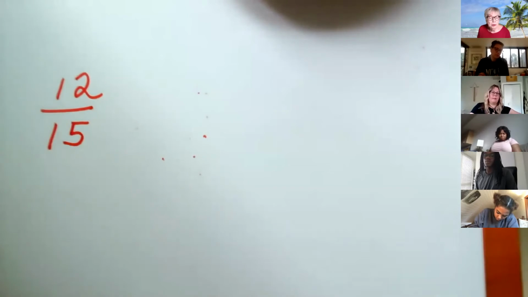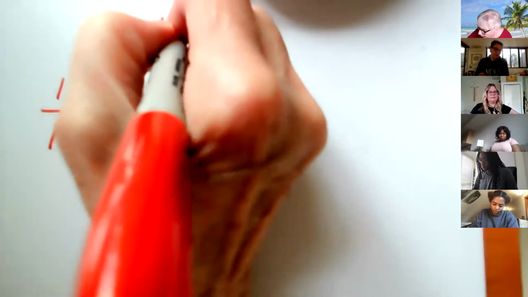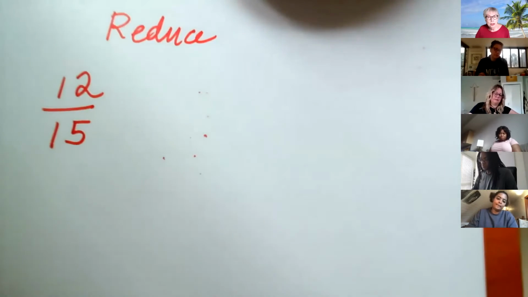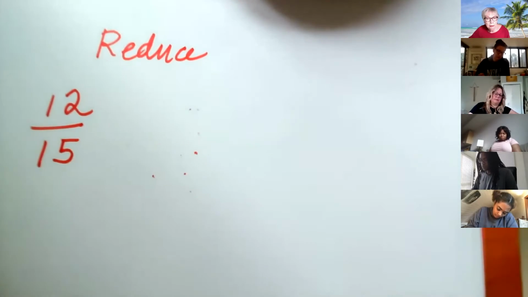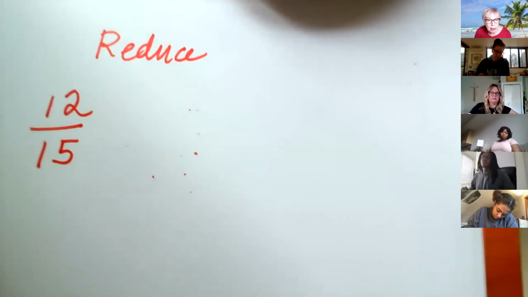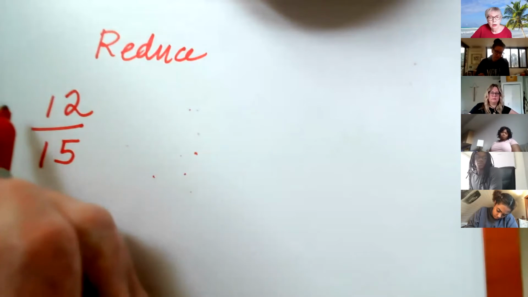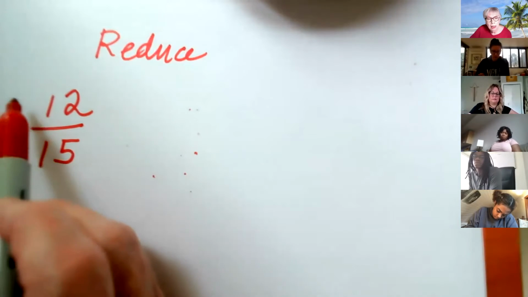Sometimes people, one of the first things we do with fractions is reduce them. And that means we want it into lowest terms. And so we want the equivalent fraction, but in lower terms. Now, some people have learned, well, okay, I got this.